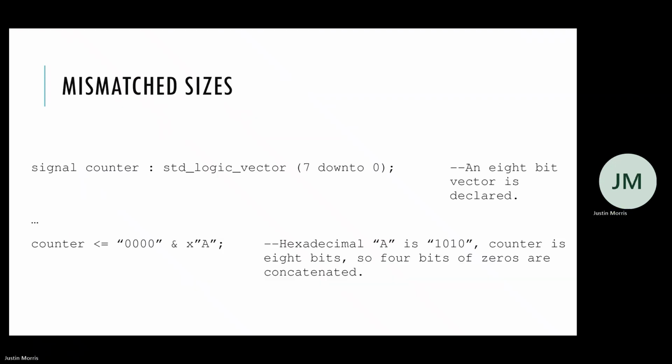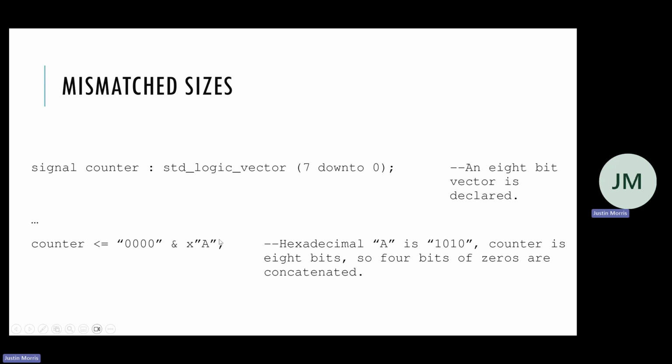Okay. So here's our example of mismatched sizes. So here we have a standard logic vector, 8 bits, right? 7 down to 0. So 8-bit vector. And we want to assign 10 to it, but we have this binary representation and then this hexadecimal representation.